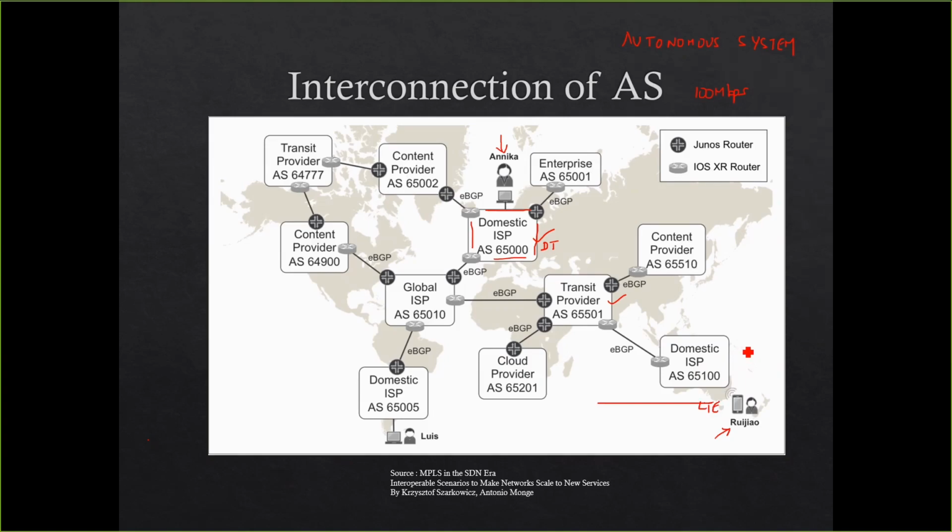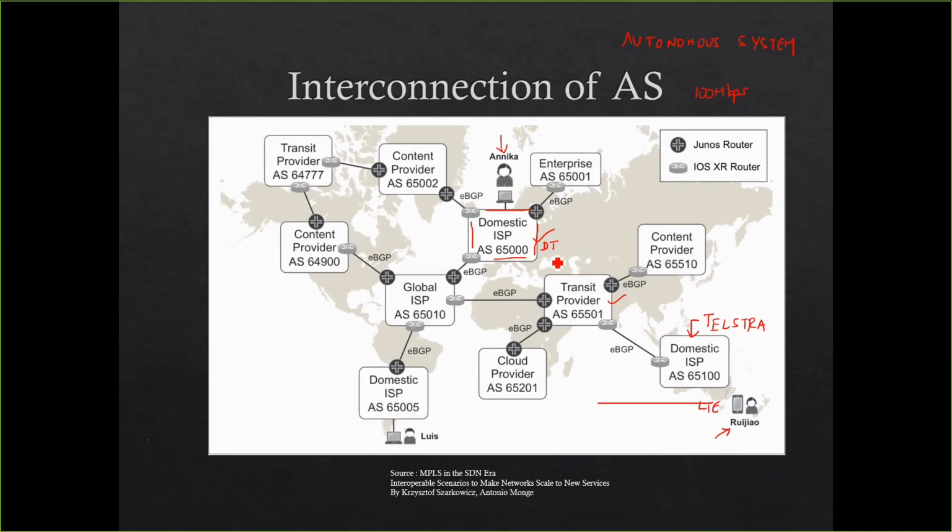In Australia, there is an ISP called Telstra. They are a big internet service provider in Australia. And the customer in Australia, Rui Jiao, is connected to another autonomous system, and this network is built by Telstra, who is the national player there.